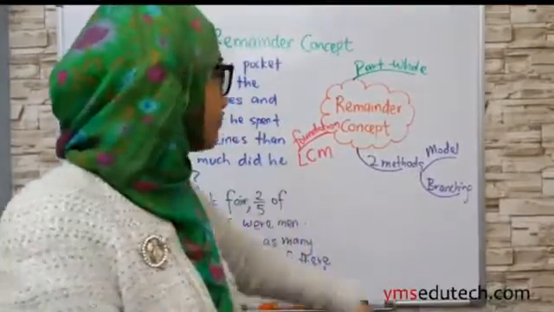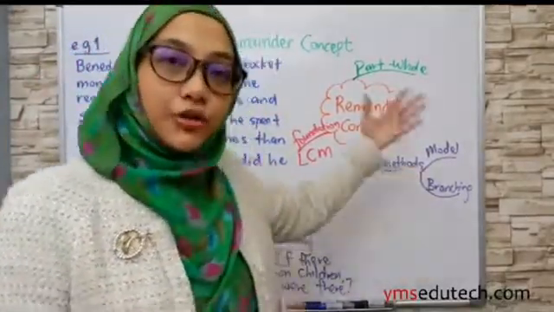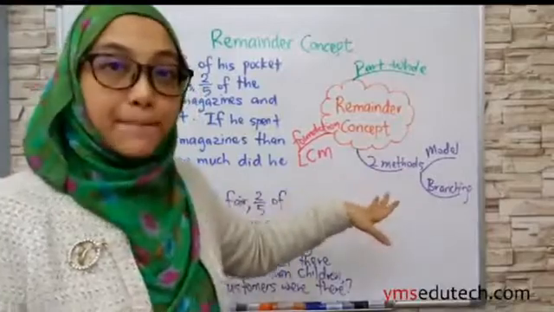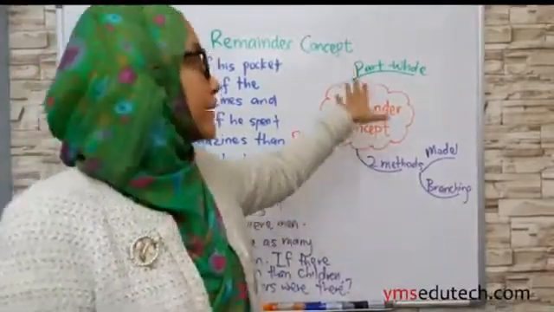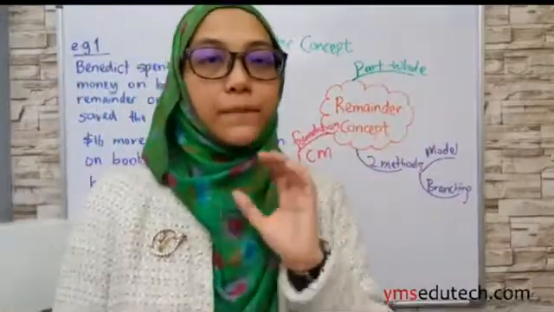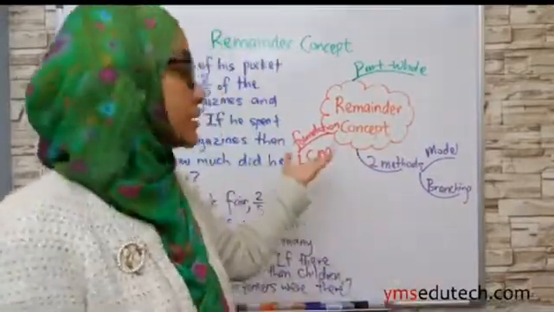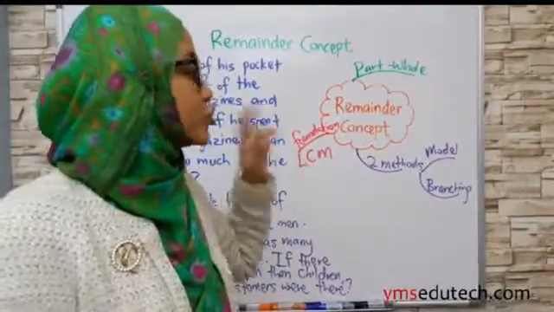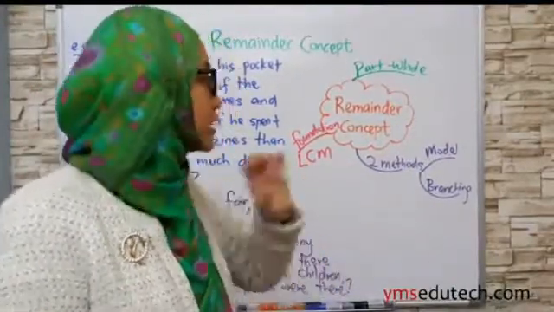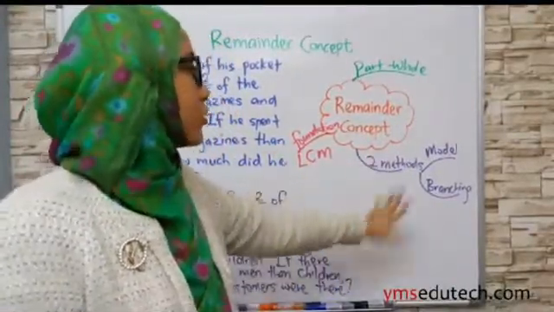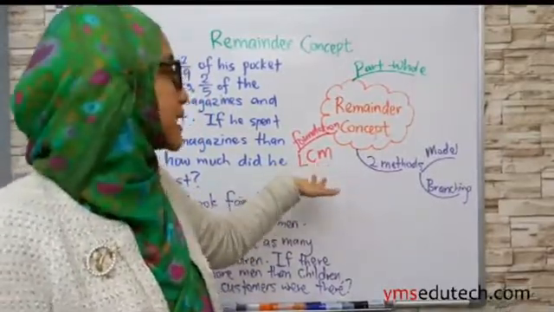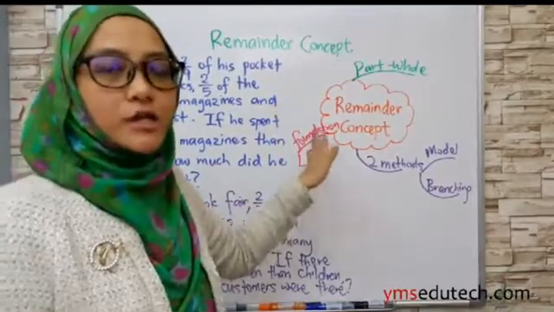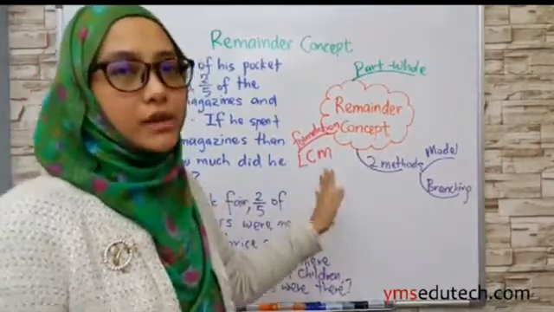Okay, so this is a short note on remainder concept. I repeat, remainder concept is also known as part-whole concept. In some books they use the word part-whole concept, in some books they use remainder concept. Two ways to solve this kind of question are the model method or branching. The foundation of remainder concept is finding the first common multiple or the lowest common multiple.